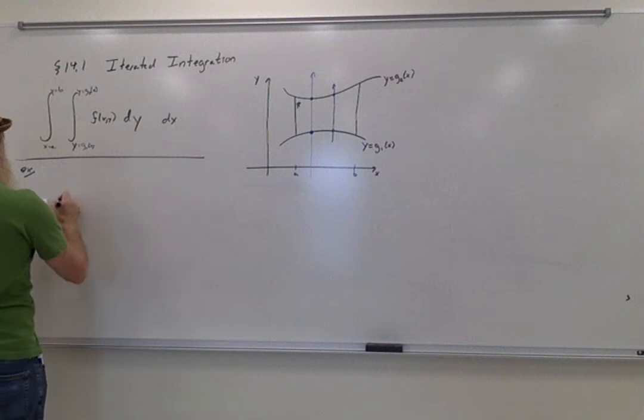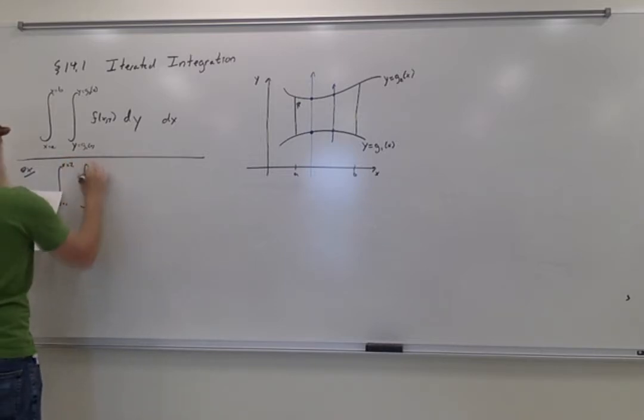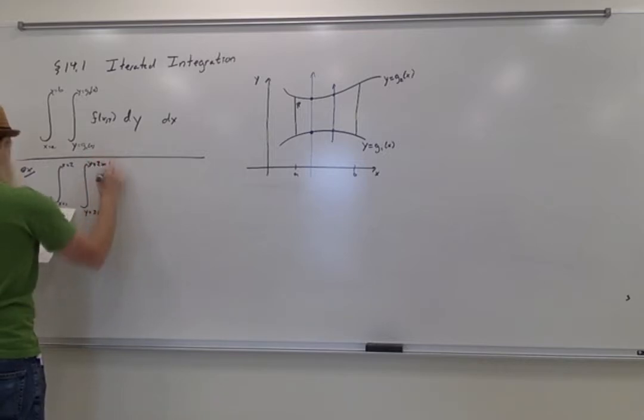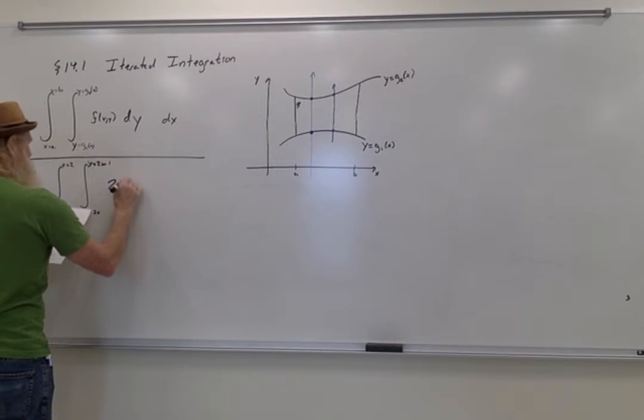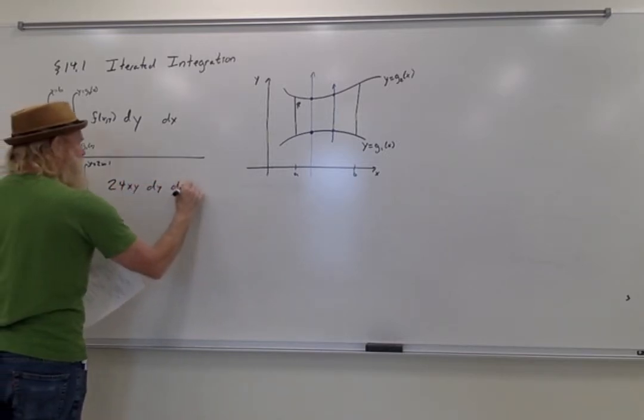Let's say that we're integrating x goes from 1 to 2, y goes from 2x to 2x plus 1, 24xy dy dx.